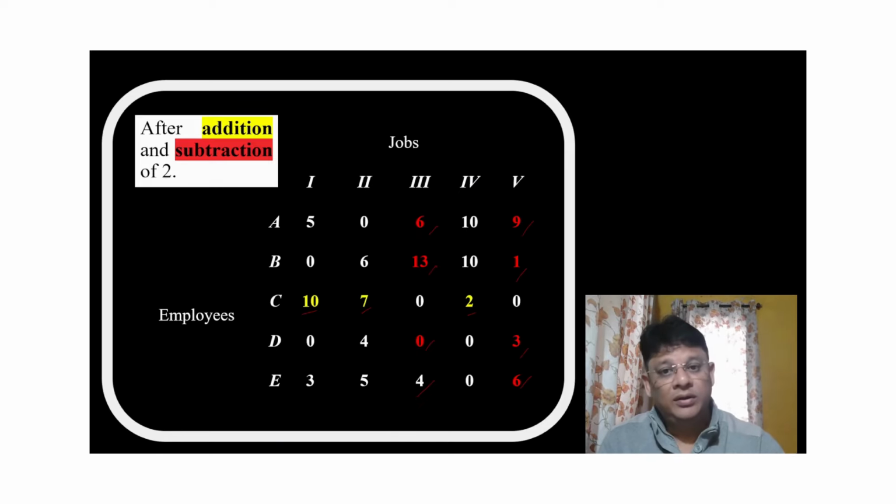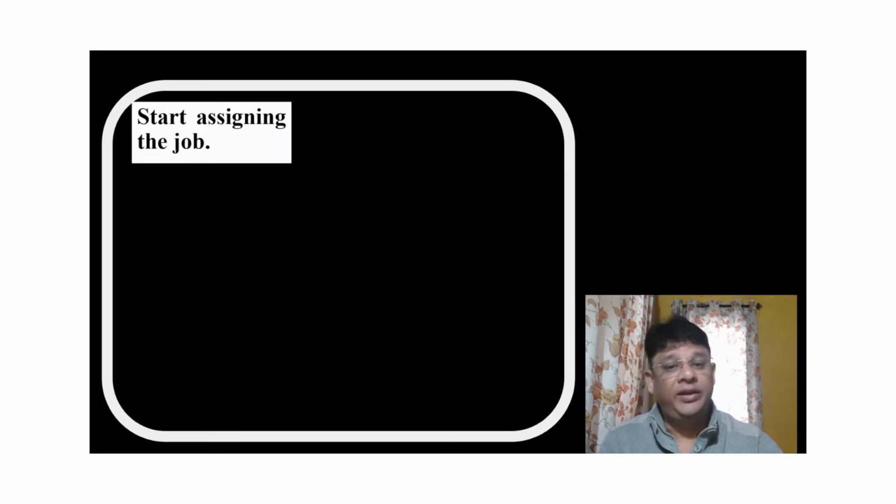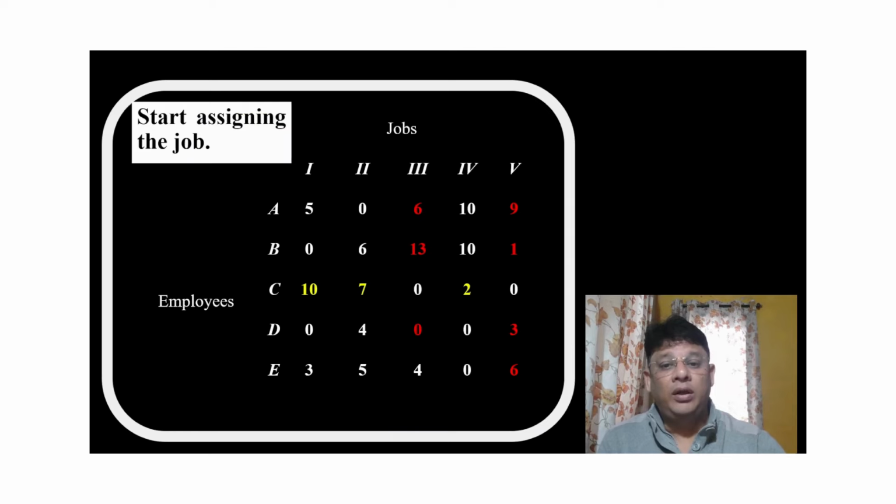What next? Again, start assigning the job. This is the matrix once you go through all the steps. In this matrix, again, let's start row wise, fine? Only one 0 is there in the first row, so we can assign this and cut the column.